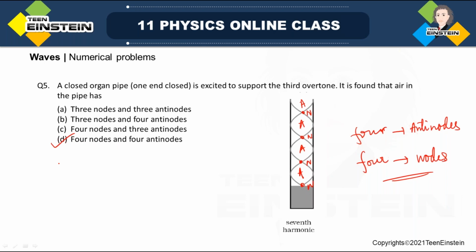So what was the fundamental point to note here? What is the third overtone? Sorry, I'm always saying overnote, but it is not overnote. This is called overtone, third overtone. This is for the closed pipe. For the open pipe, third means the fourth actually. See, the first, the fundamental, will be the zeroth or primary overtone.